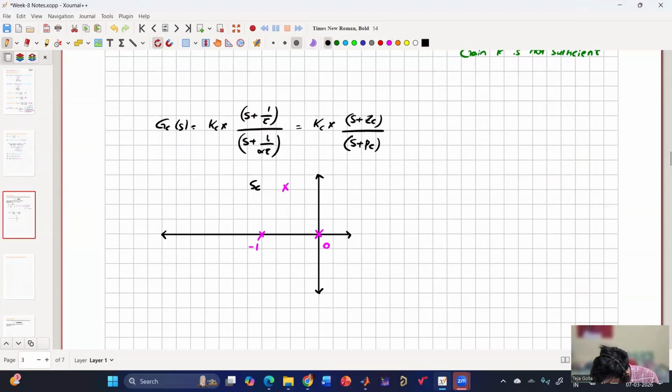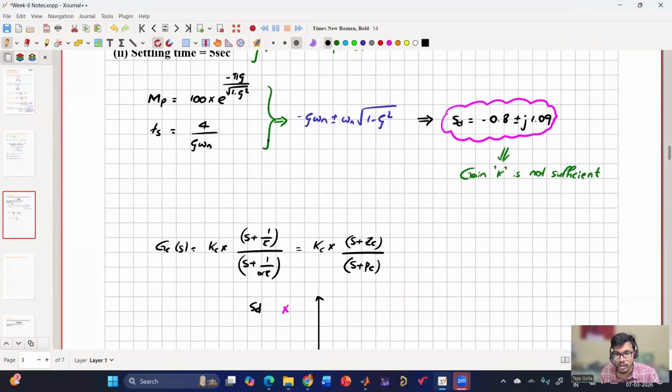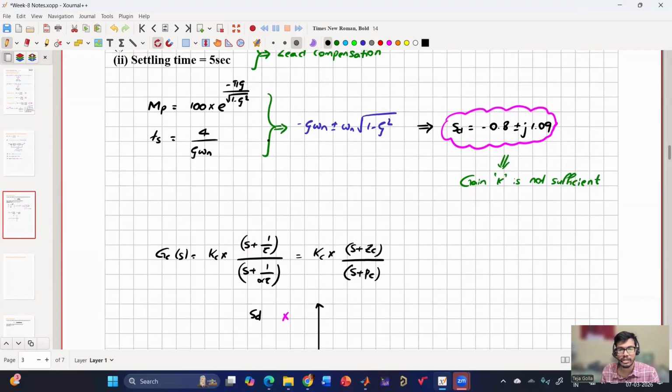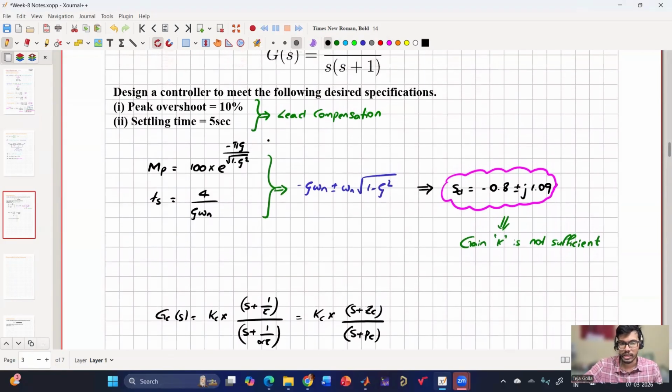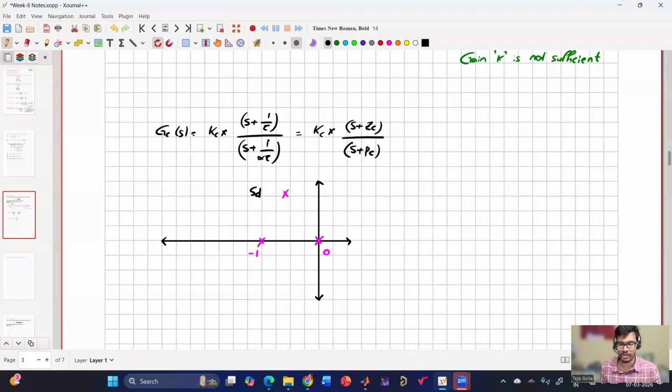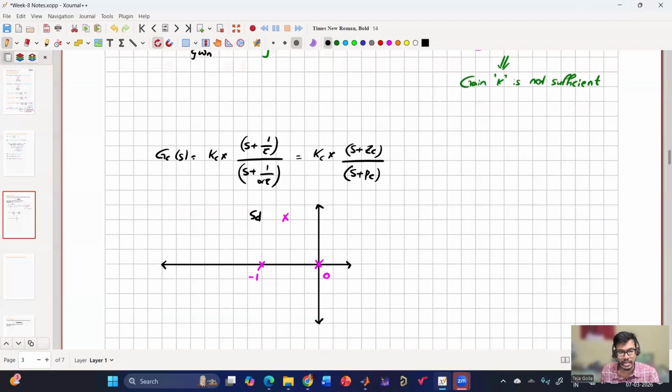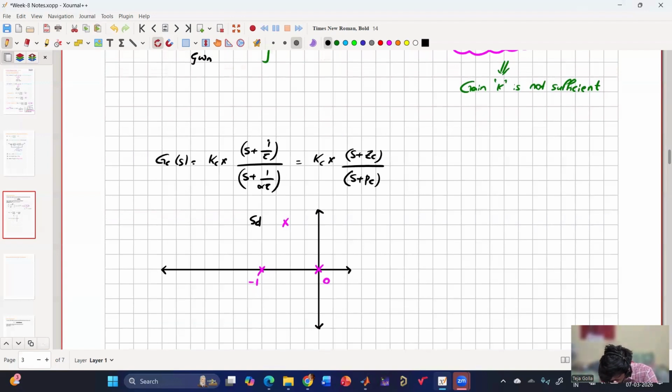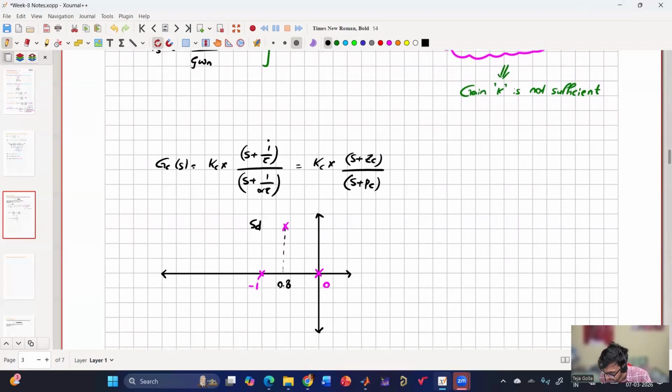So this is my desired SD pole, which is minus 0.8 plus or minus j 1.09, right? I have to calculate how much additional phase I need. So if you calculate this distance, this is at 0.8 and the height is j 1.09.